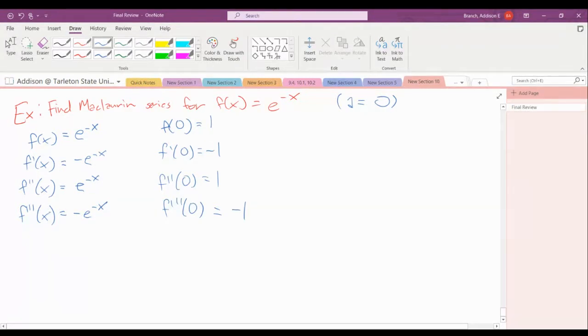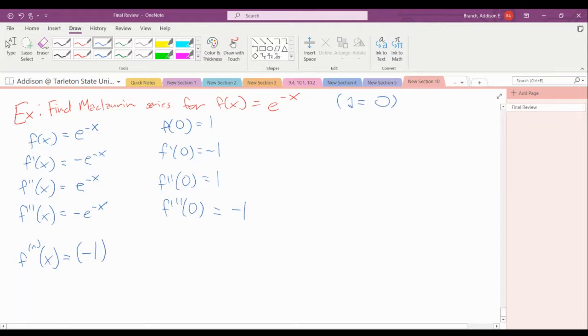All right, now let's try to find a pattern for both our f of x and our f of 0 columns. For f of x, we can see how we're oscillating back and forth between positive and negative e to the x. So the nth derivative of f of x will always be equal to, since we're going back and forth between positive and negative, a clear indicator that we're going to have negative 1 to something.